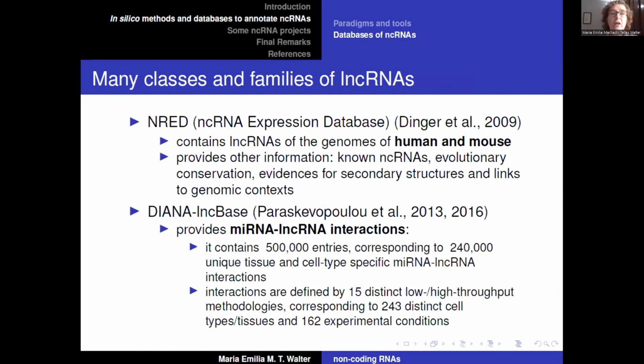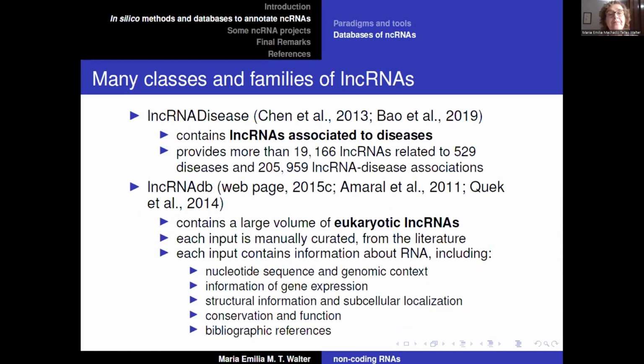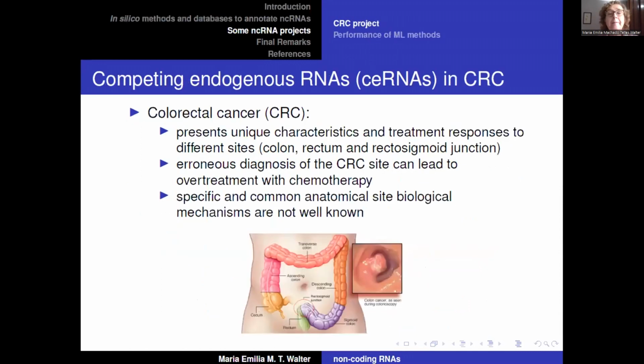They contain lots of sequences, interactions and things like that. The Long Non-Coding RNA Disease database contains, as the name says, long non-coding RNAs associated to diseases, and LncRNAdb contains many sequences of eukaryotic long non-coding RNAs.